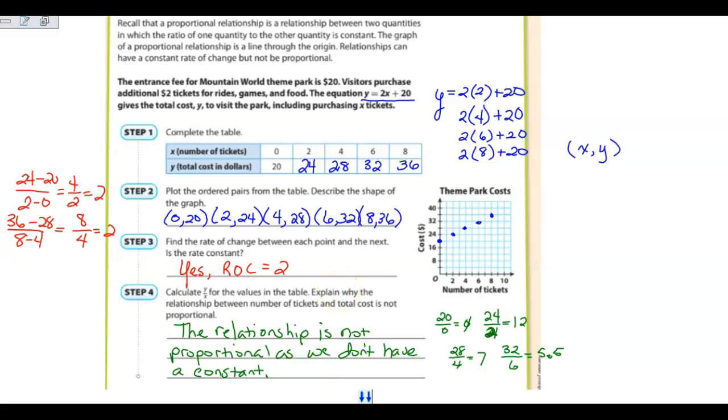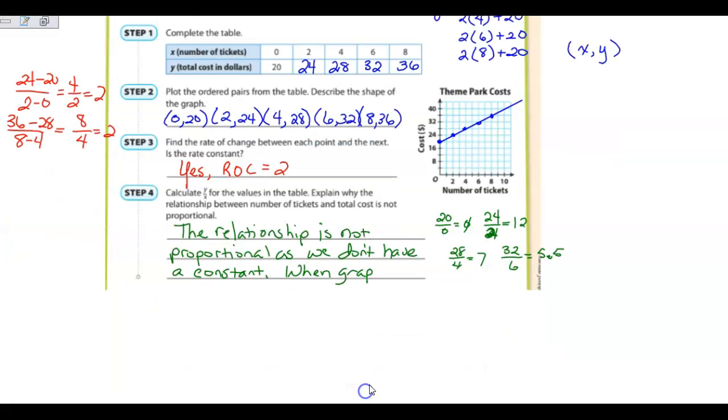Also, if you've noticed, if I were to draw a line through those, I do have a straight line. It is linear. But is it going through the origin? No. So I'm also going to add here, when graphed, it doesn't pass through the origin.